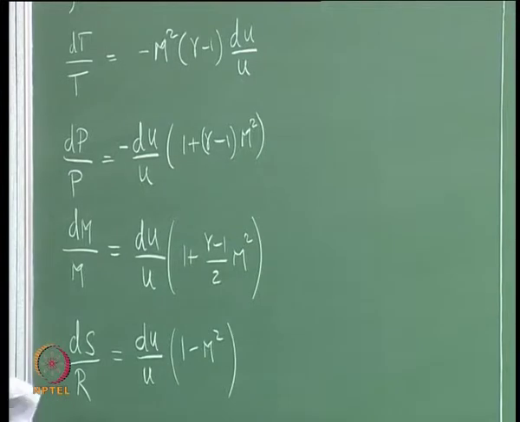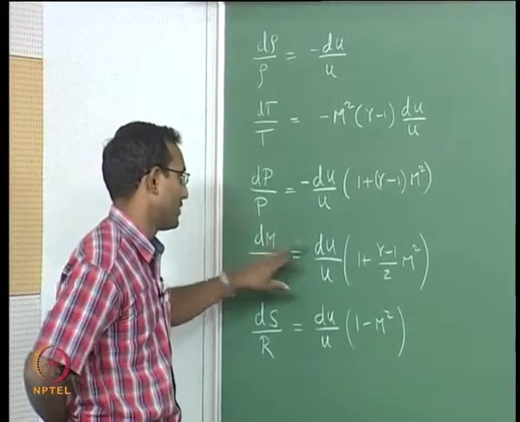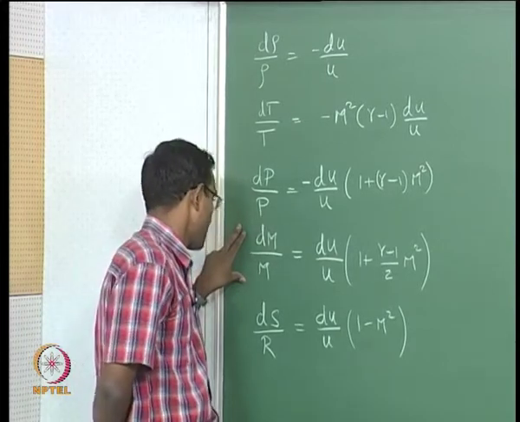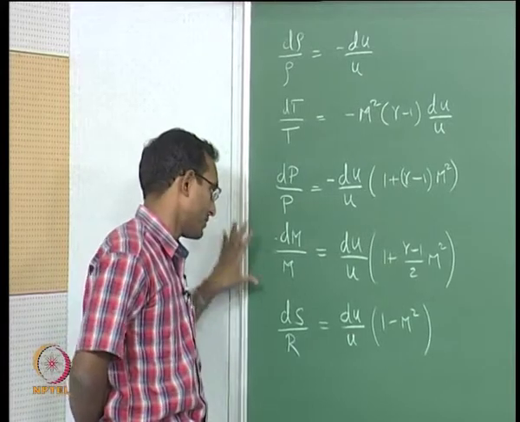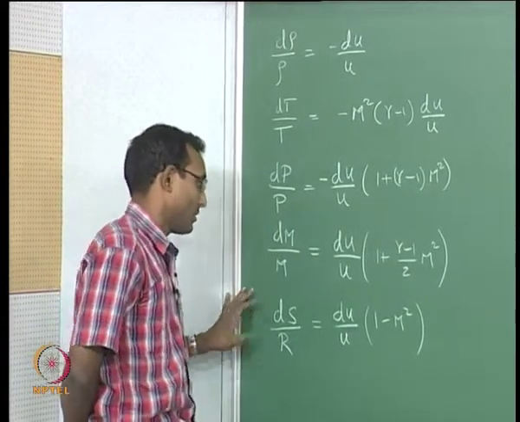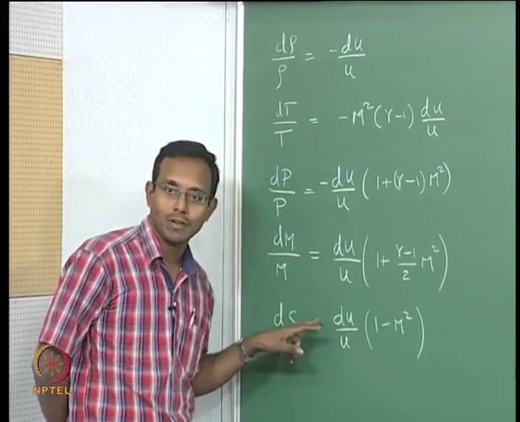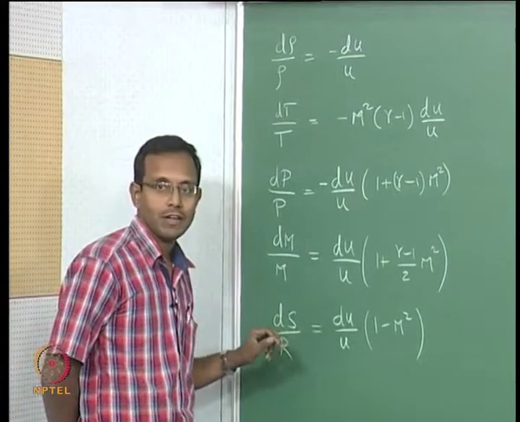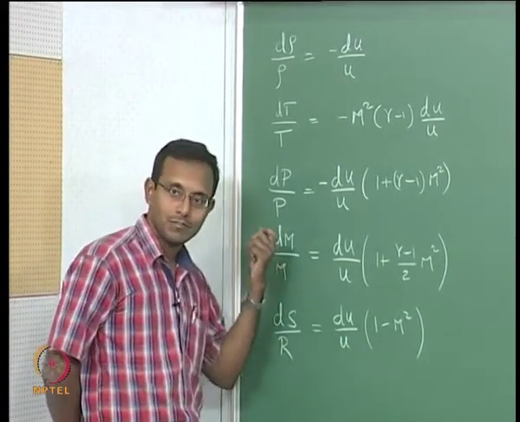These were the various relations we had, and we already discussed the effect of changing velocity based on this particular expression, and we found that if I had Mach number less than 1, it will go one particular direction based on these two expressions together. If I had Mach number less than 1, then ds will be greater than 0 only for one particular situation, that is du will be positive, and if Mach number is more than 1, du will be negative, that is Mach number will decrease.